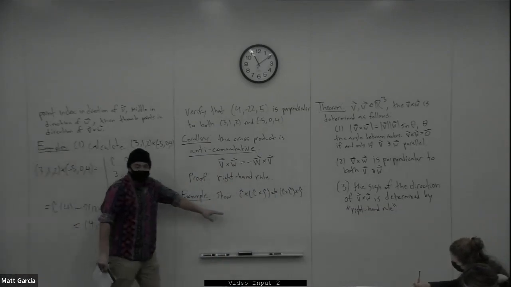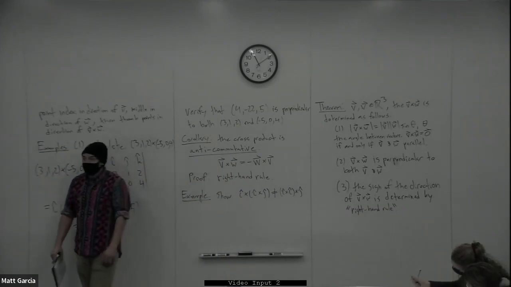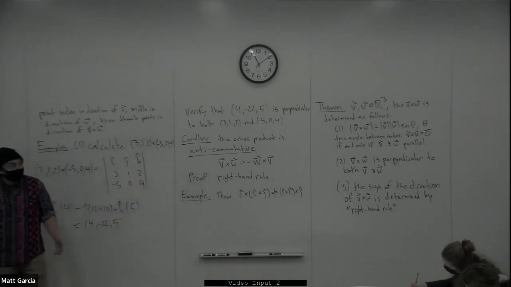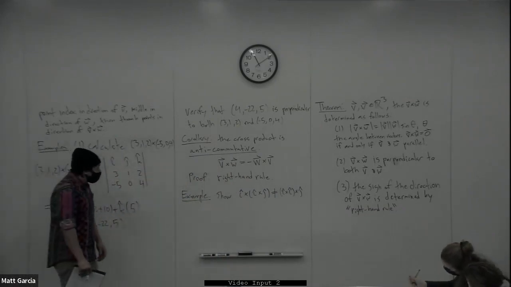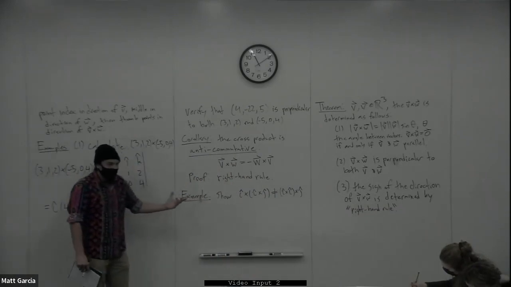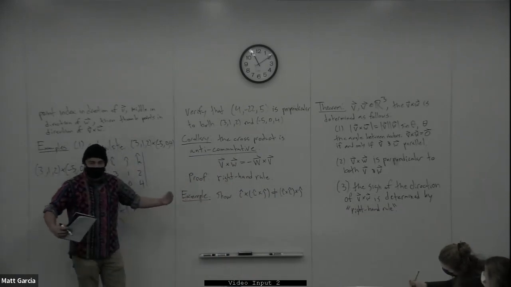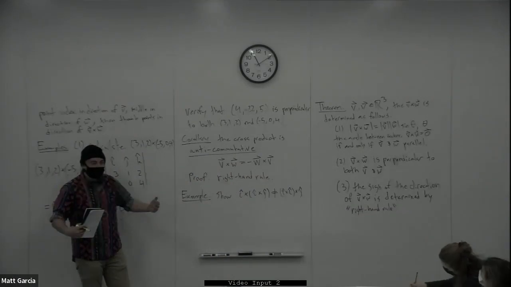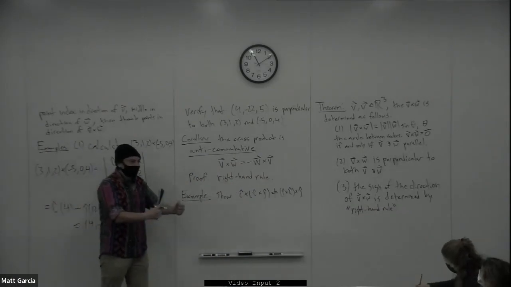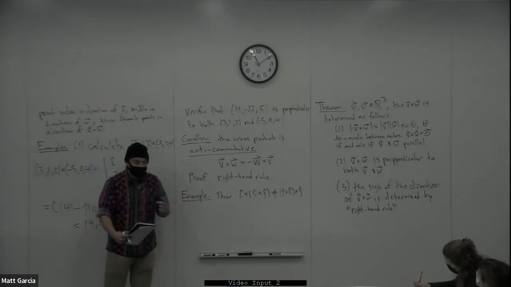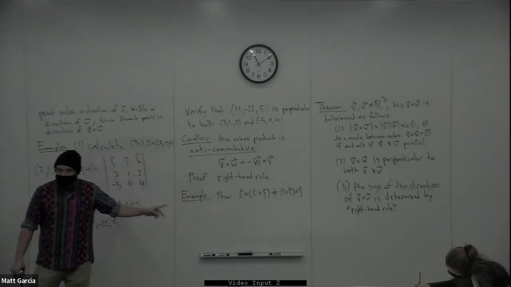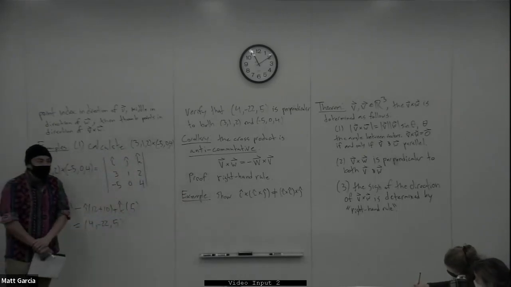If we succeed in demonstrating this, what that tells us is that, oh boy, the cross product kind of sucks. It's not even associative, right? You can't group terms as you please. It depends on the order of operations that you do things in. So how do we verify this claim?